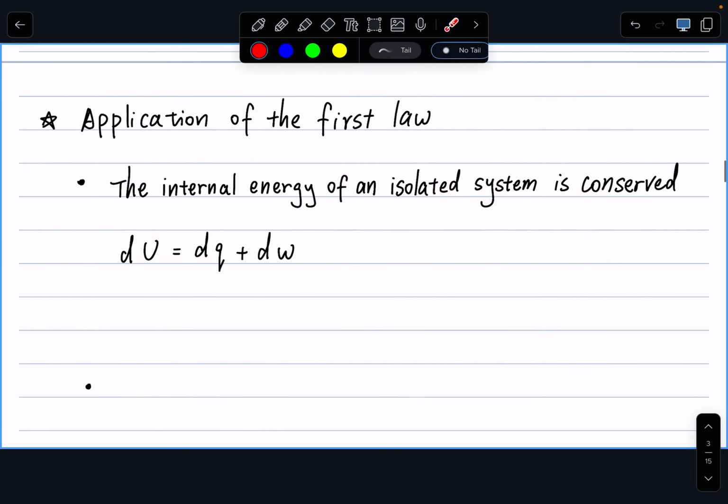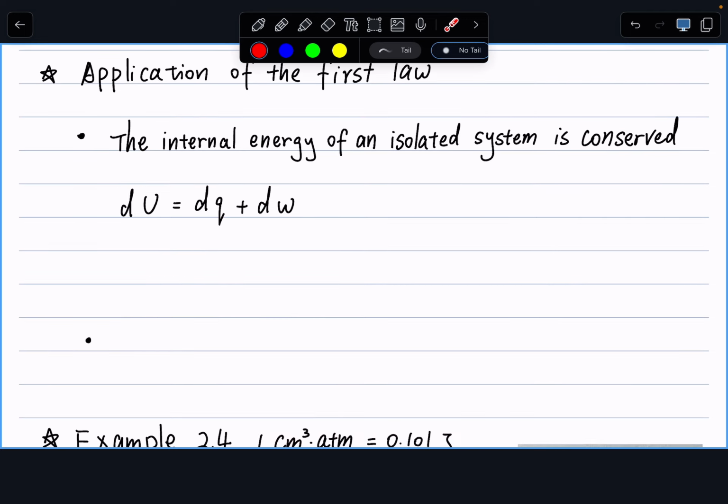And then moving on to more specific examples, again, let's refresh our memory on the first law of thermodynamics. What we're saying is that the internal energy of an isolated system is conserved, right? So the infinitesimal change of internal energy equals the infinitesimal change of heat plus work. This is generally true for a closed isolated system or closed system. And then on top of that, we have something that is specific.